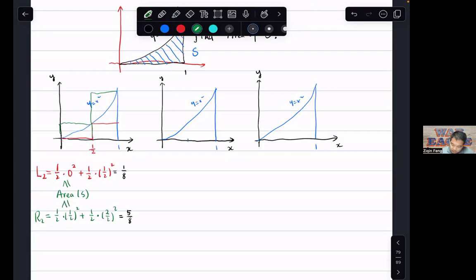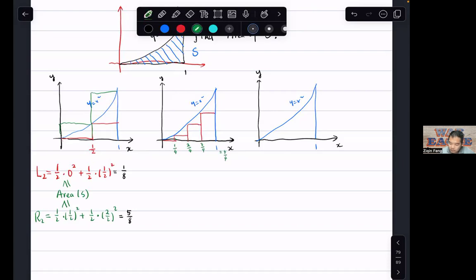this will be 1/4, 2/4, 3/4, and 4/4, right? In a similar manner, we can form 4 stripes. We can use left endpoints to form 4 rectangles.